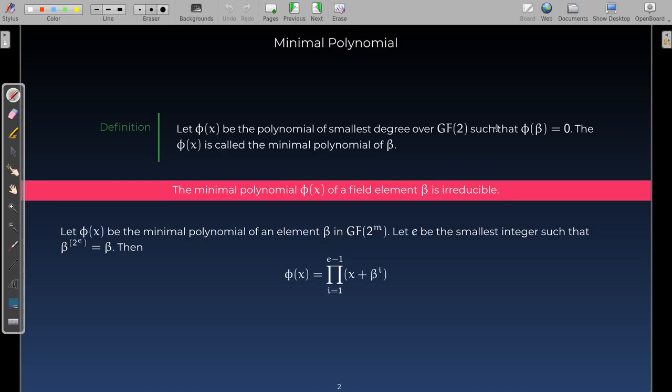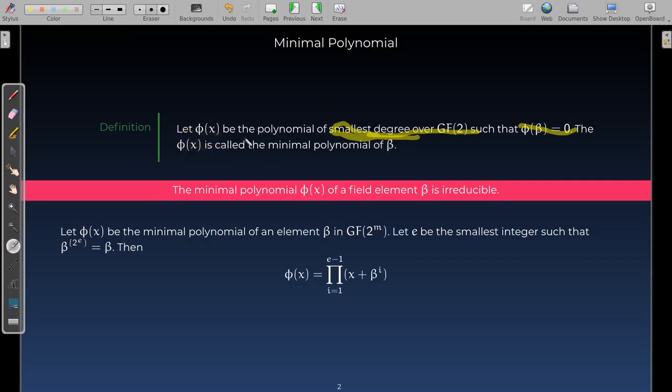The minimal polynomial of a field element beta is the smallest degree polynomial over GF2 such that phi of beta is equal to 0. Then phi of x is called the minimal polynomial of field element beta.